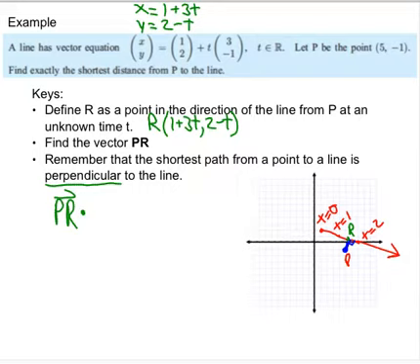It's that velocity vector. So in this case, that's 3, negative 1. Okay? And we want that to equal 0. Okay? So that's where this second key point comes in. All right? Find the vector PR. And this is where knowing that formula for finding the vector between 2 points can be helpful. All right? So let's find vector PR.